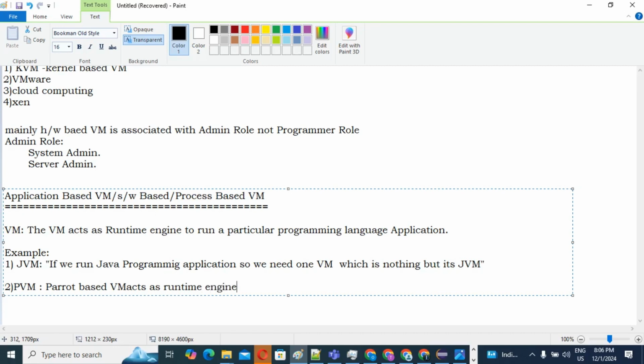It deals with a scripting language, just like Java is a programming language.